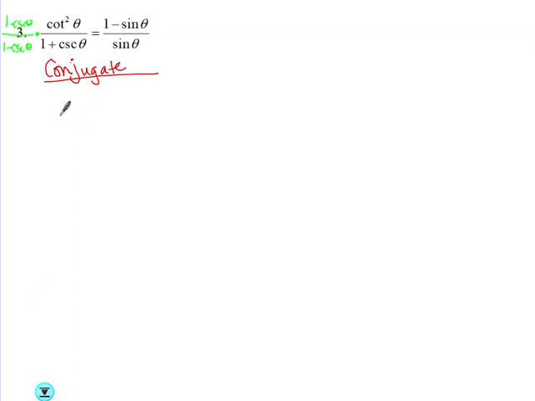So in the numerator, I'm going to leave it as 1 minus cosecant theta times cotangent squared theta. In the denominator, if I multiply these together, I get 1 minus cosecant squared theta.